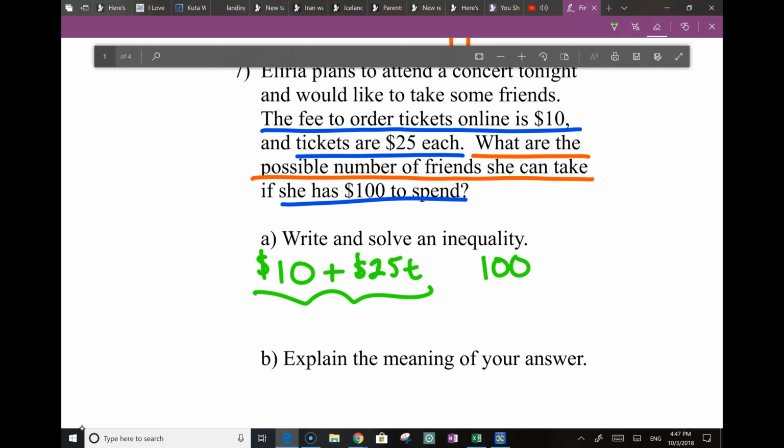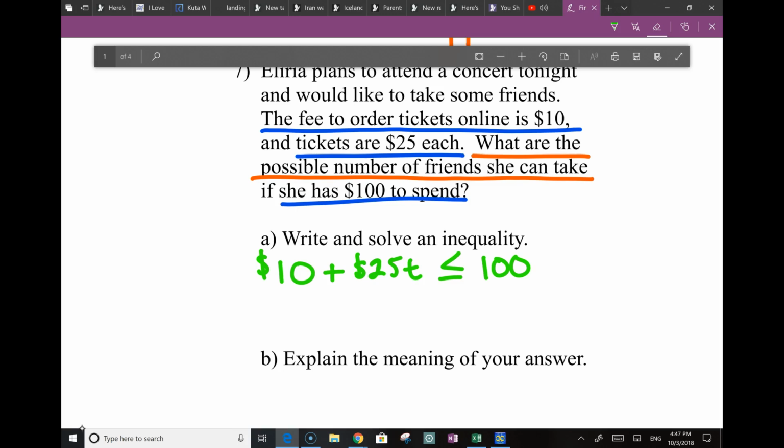Okay, so remember, it's a number of tickets that creates the grand total. And so the inequality has to say, whatever number of tickets she buys, her total, which is this, cannot be any more than $100. So it has to be either $100 or less. So I have to use less or equal to as my inequality.